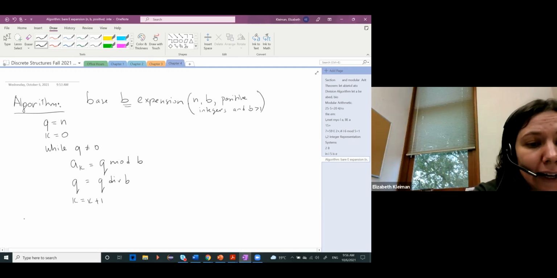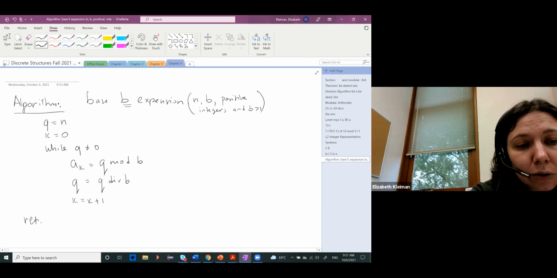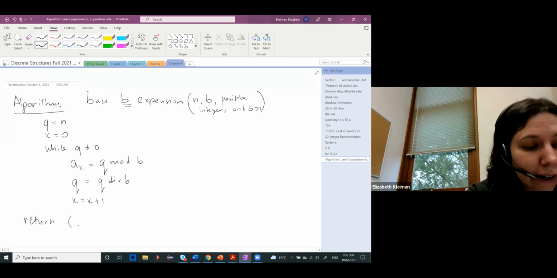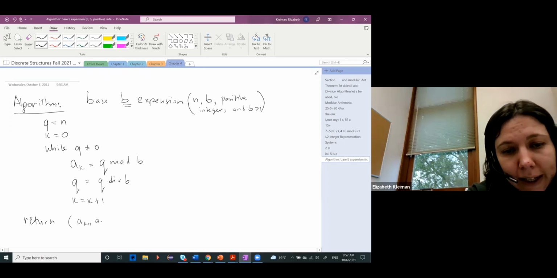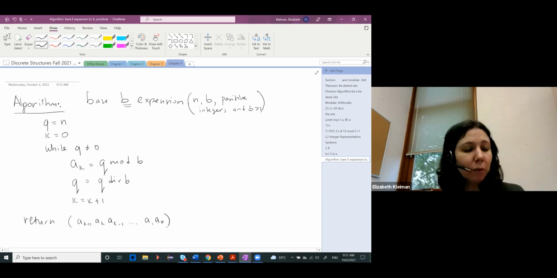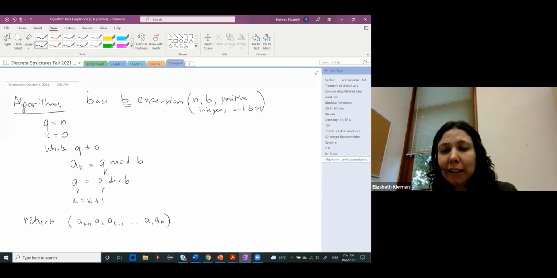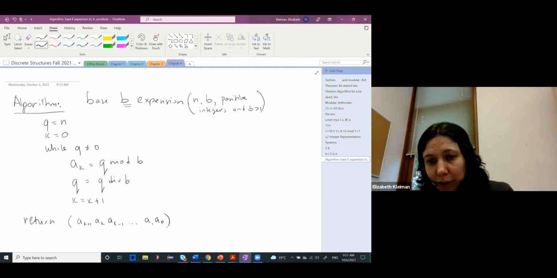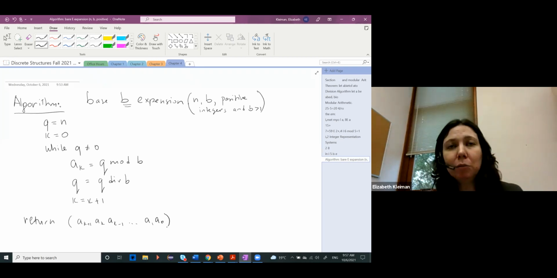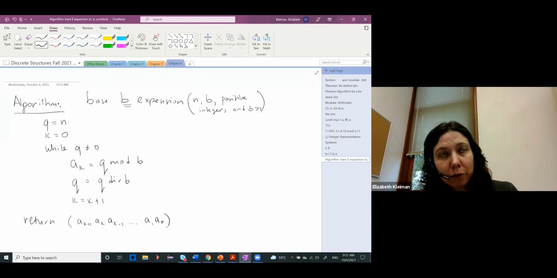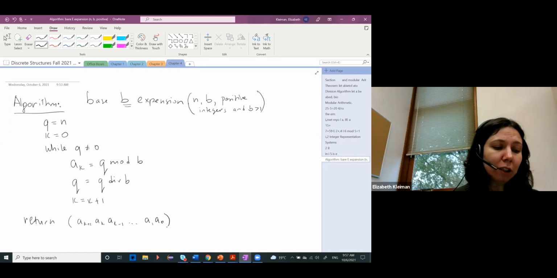Then at the end, we want to return a number AK, ..., A1, A0. So you want to return all the digits you have calculated. So you calculated many AKs. You want to put them in the order with the very first one on the right. And this is going to be your expression.